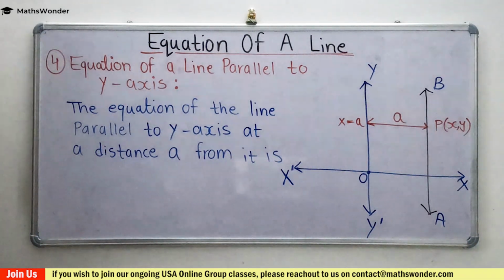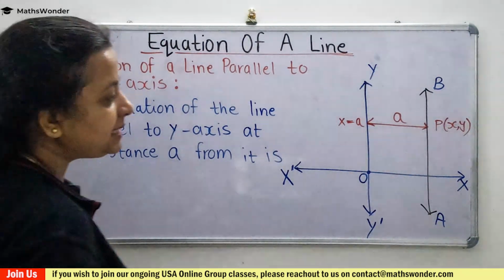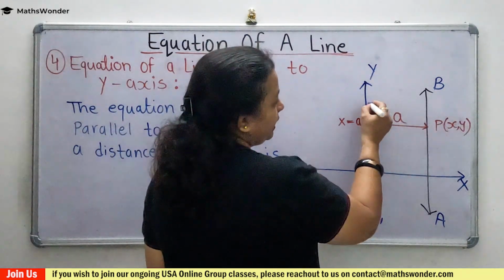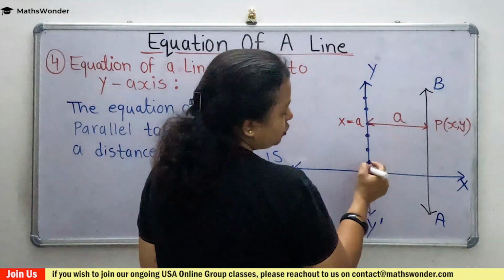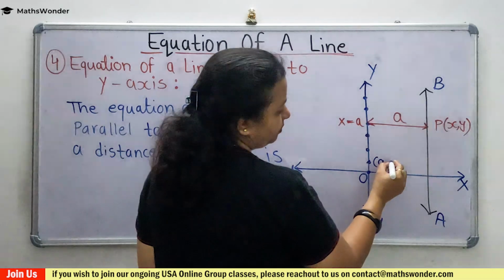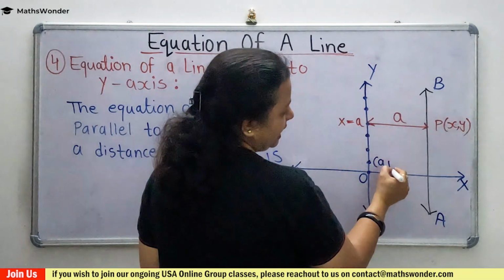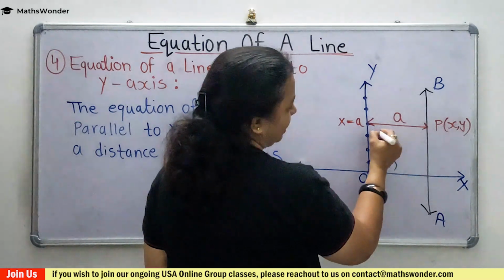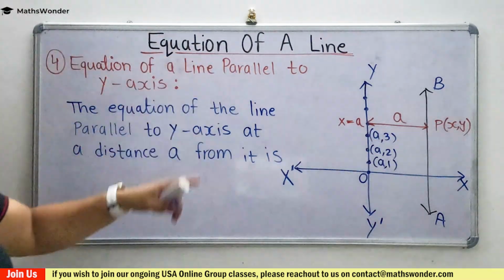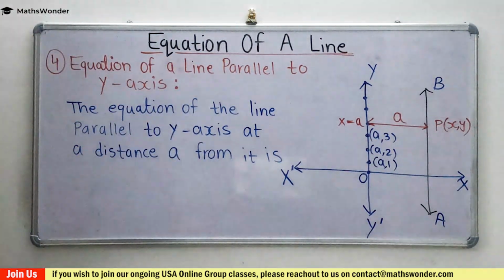from it. Then clearly the abscissa of every point on AB is a. So abscissa of every point means whenever you find a point here, every abscissa will be a. A will be the same. Here is a1, here is a2, here is a3, like that. Okay. So the abscissa of every point will be the same.